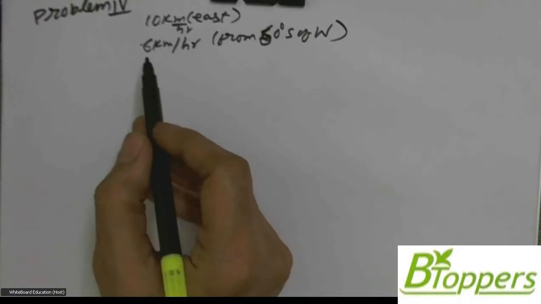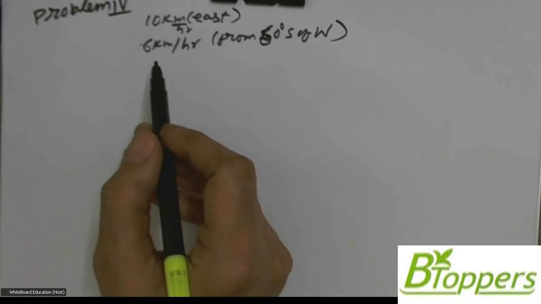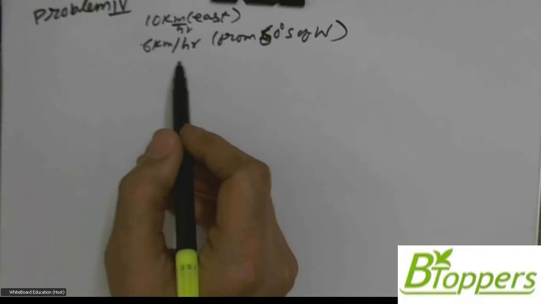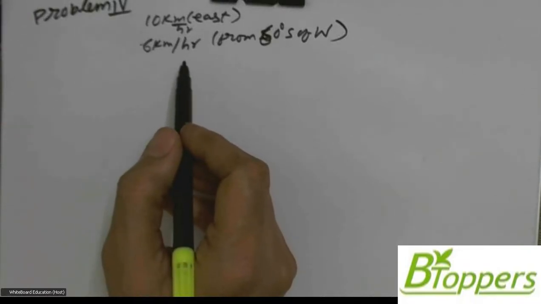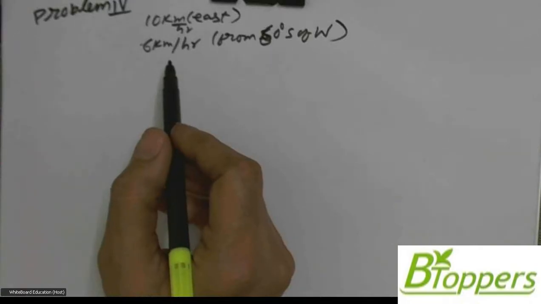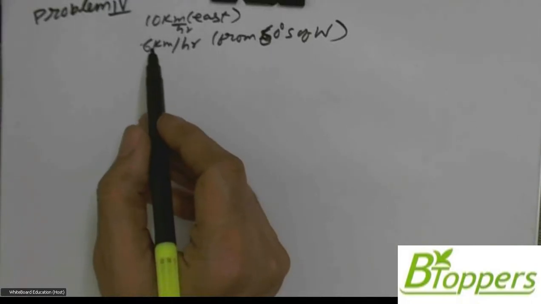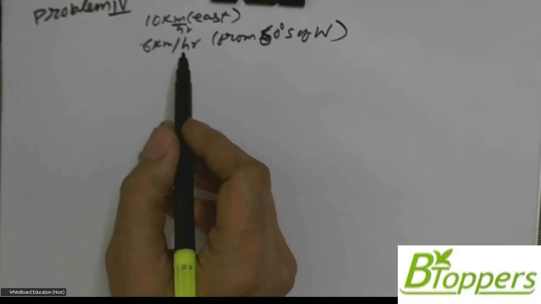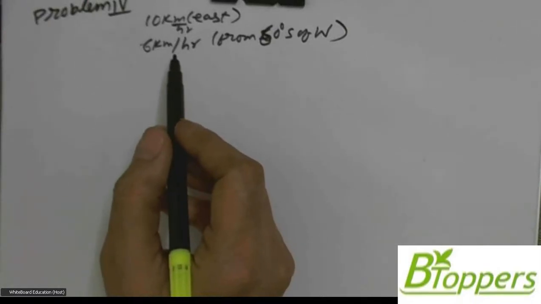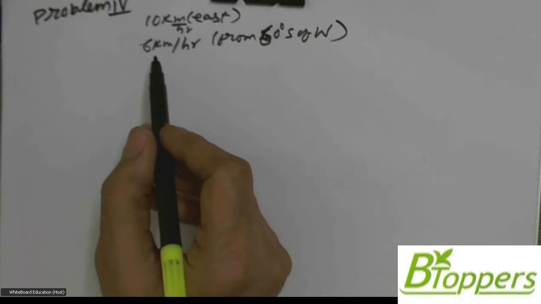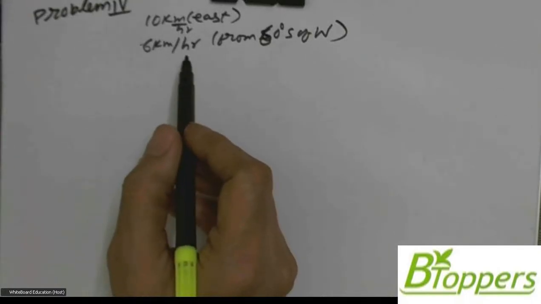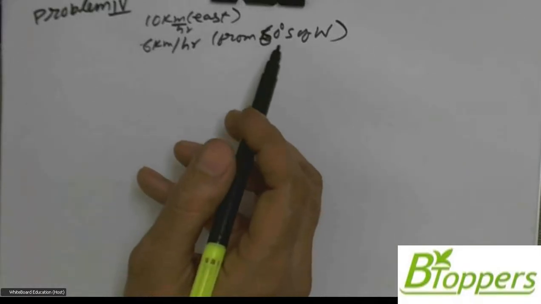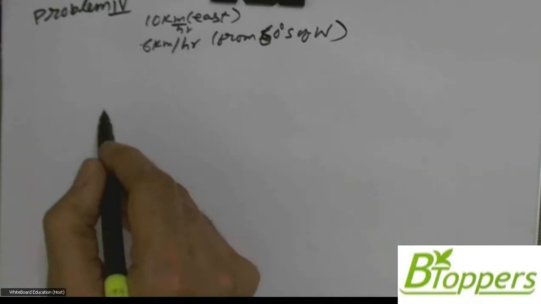It means you are not given the actual velocity of the wind. So the other velocity, 6 km/h, represents the velocity of the wind with respect to the man. That means the relative velocity of the wind with respect to the man is 6 km/h from the direction 60 degrees south of west.